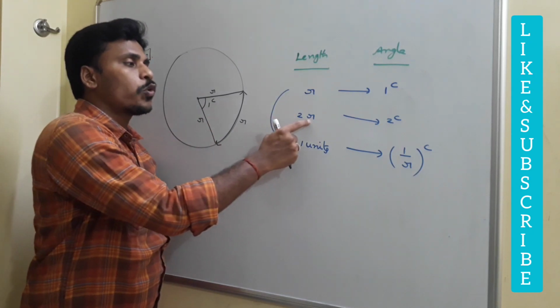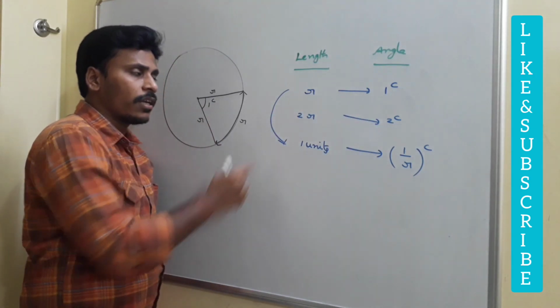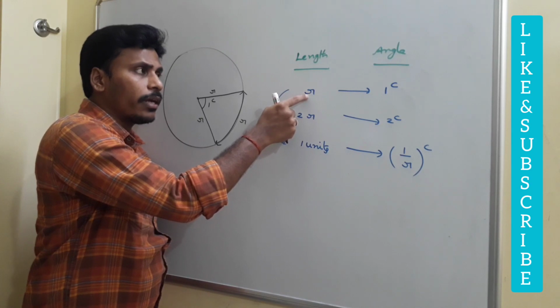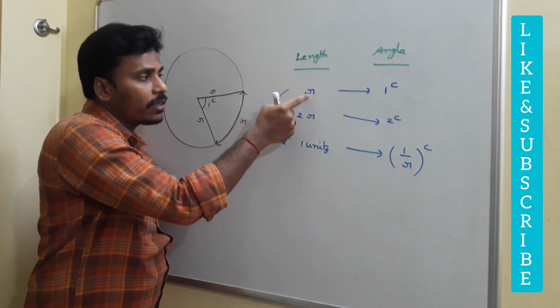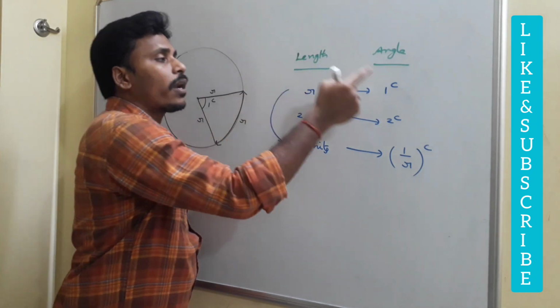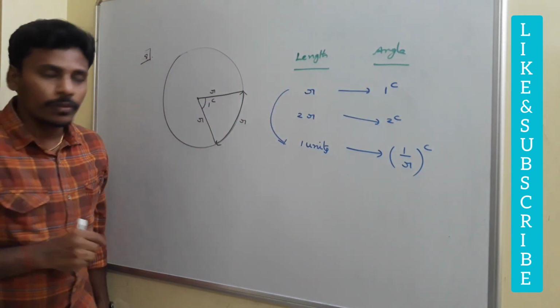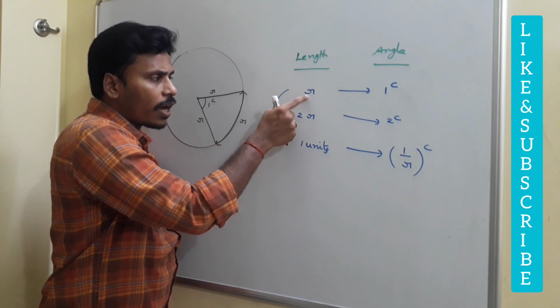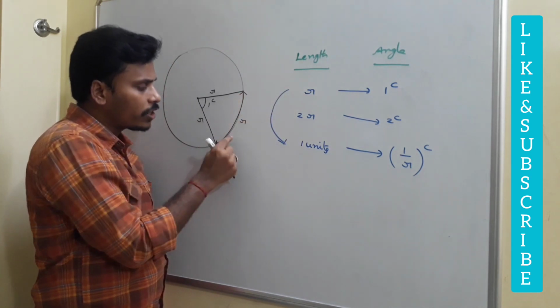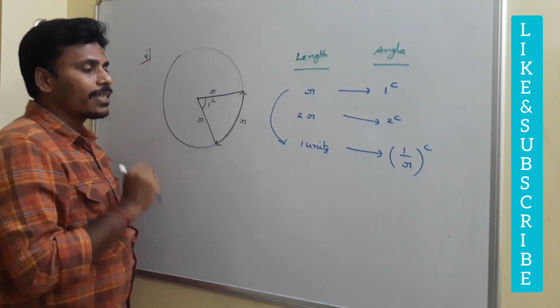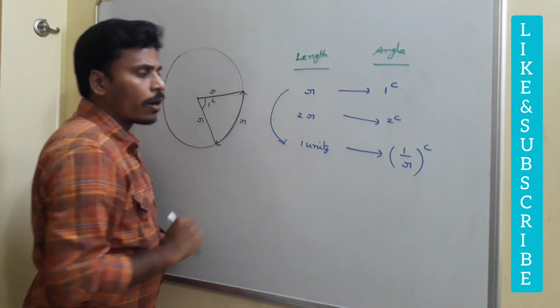For a length of 2r units, your angle is 2 radians. If you multiply this length with any number, automatically you need to multiply that angle also. If you divide this length with any number, then automatically you need to divide that angle also. Basic unitary method. Here we are dividing this length with r. That means we are making this length of r just 1 unit. Then the angle at the center is 1 by r radians.